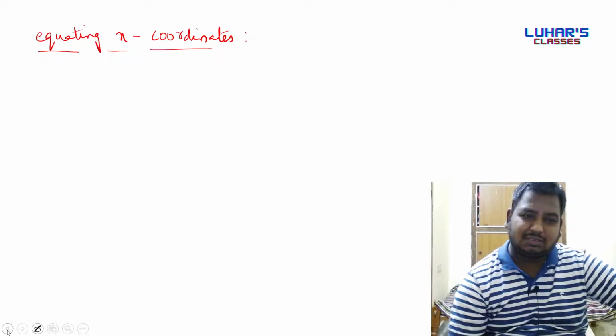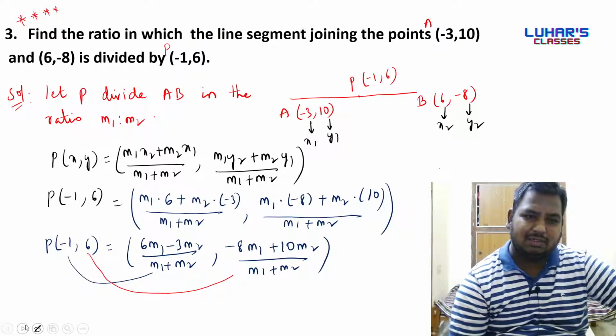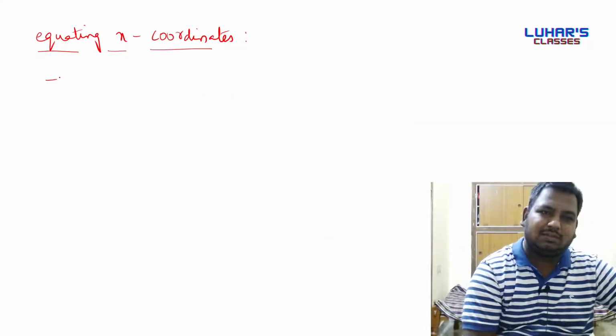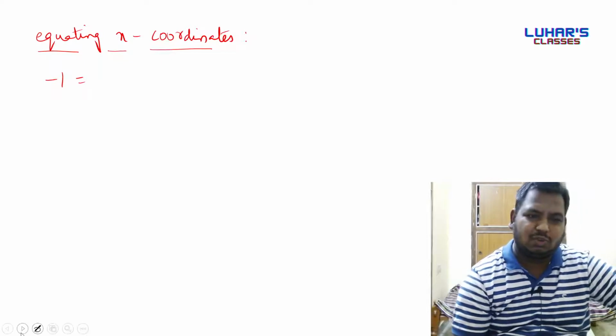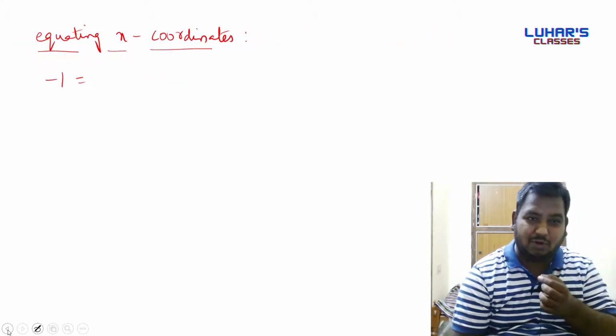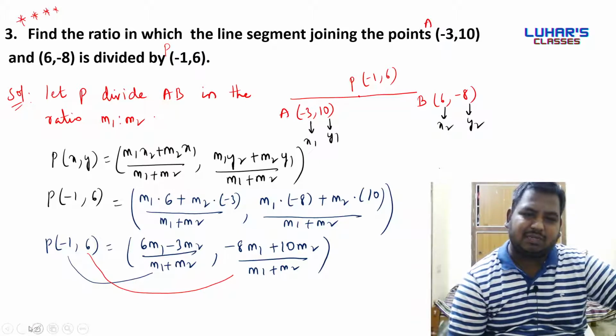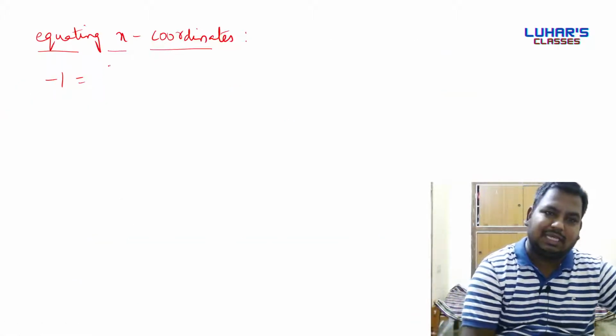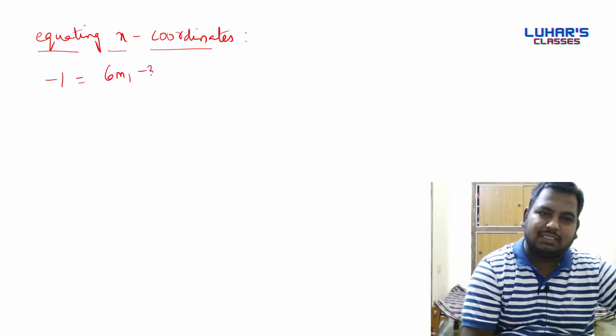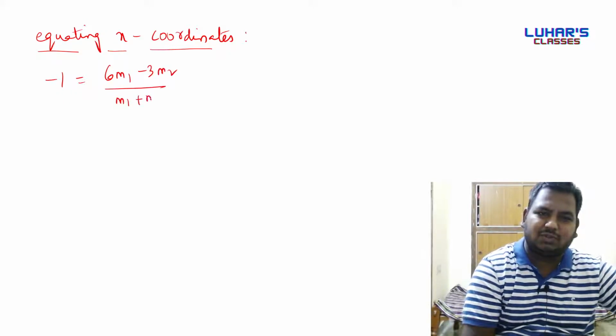Equating x coordinates, minus 1 is equal to 6m1 minus 3m2 by m1 plus m2.